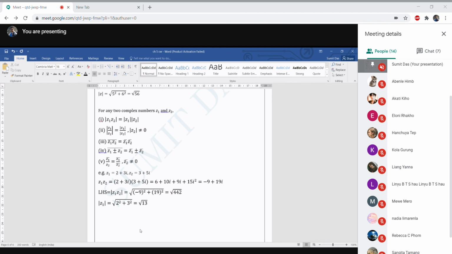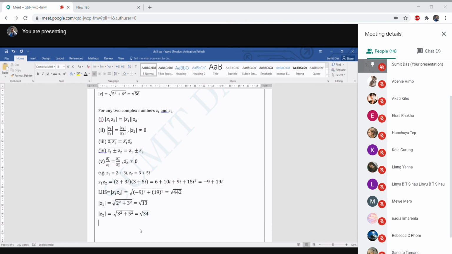Then z2 is 3 plus 5i, right? So it will be 3 square plus 5 square. 3 square is 9 plus 25. 9 plus 25 is 34.